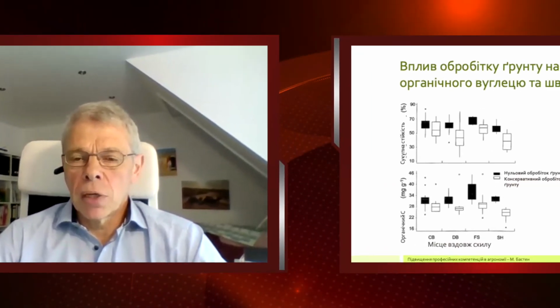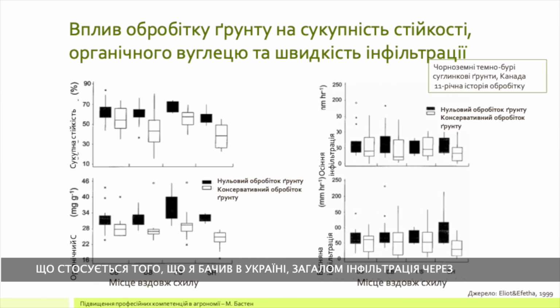And of course, when it comes to water, along a slope, it's very important that you have good infiltration so that not all the water runs off the slope. And this was also confirmed: the fall infiltration, but also spring infiltration of water after rainfall, has been improved by zero tillage. So that's, of course, one reason to get more water into the soil: you lose less by runoff and get better infiltration. From what I've seen in Ukraine, most of your lands are flat.